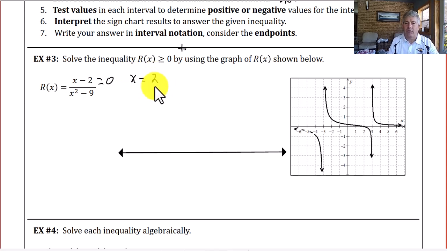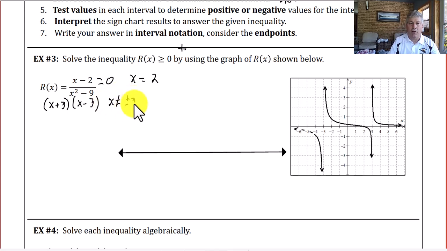We have an x-intercept, and it appears we also have vertical asymptotes at 3 and negative 3, and that does also correspond to factoring our denominator and finding our restrictions that x can equal plus or minus 3.